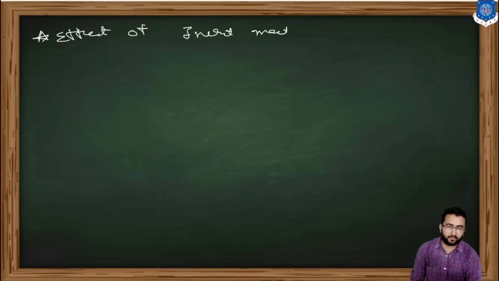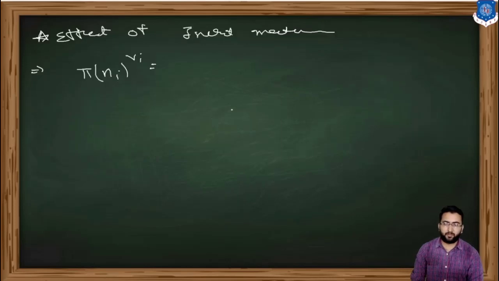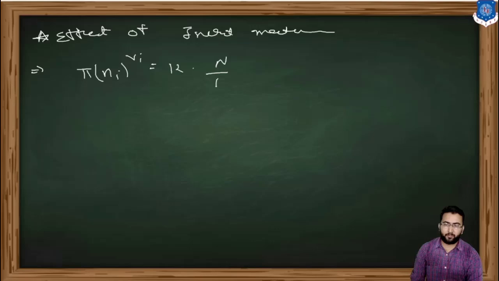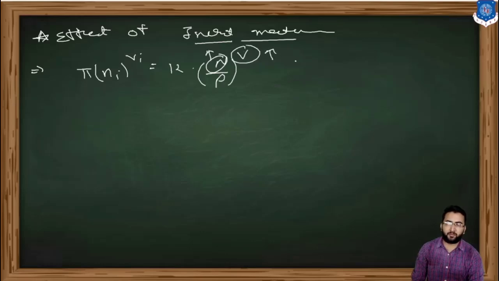The effect of inert material. To understand this, let's write our equation again: pi of Ni, whole raised to Vi, equals the equilibrium constant K times total number upon P, whole raised to V. Now if we increase the inert material, which means we increase the moles, and the stoichiometric number is positive, then the equilibrium conversion is increased.